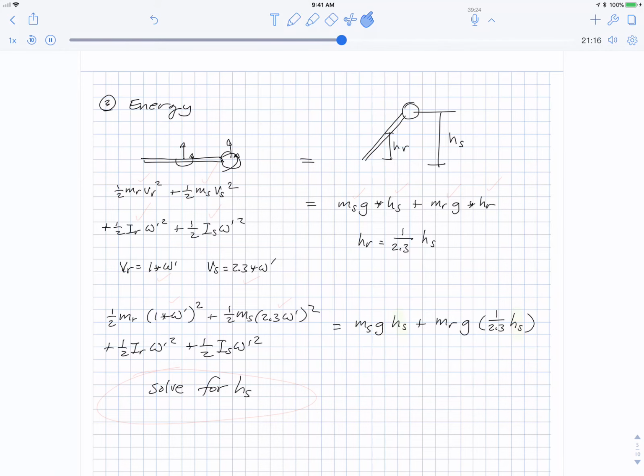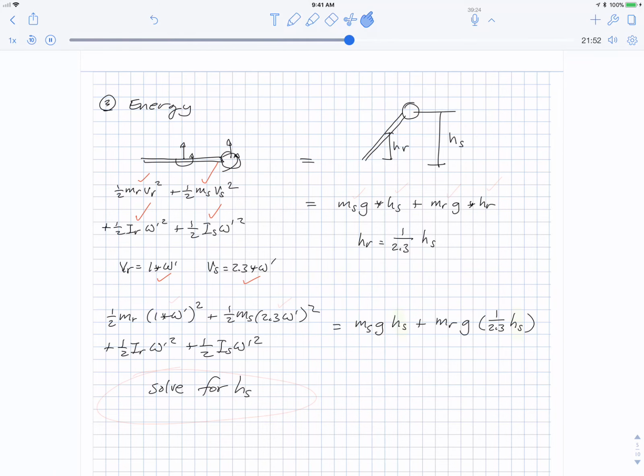So we have going up 1/2 m rod v rod squared plus 1/2 m sphere v sphere squared, 1/2 I rod omega prime, meaning the omega after the impact, squared, and 1/2 I sphere omega prime squared. Remember, all the points on a rigid body have the same omega. And using the kinematics, the velocity of the rod is 1 times omega, and the velocity of the sphere is 2.3 times omega. And remember, omega prime, you solve for.